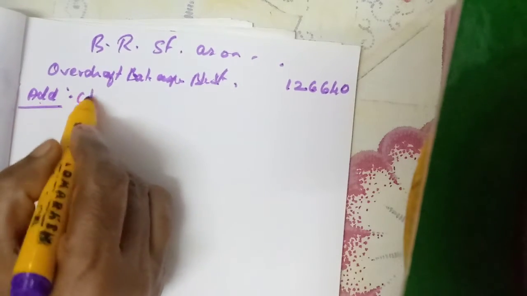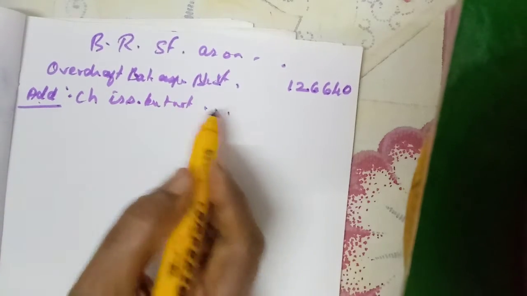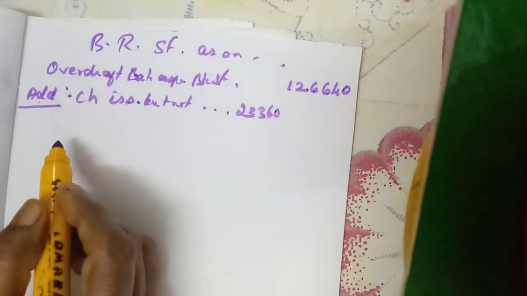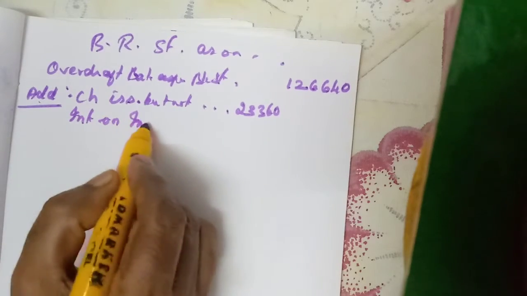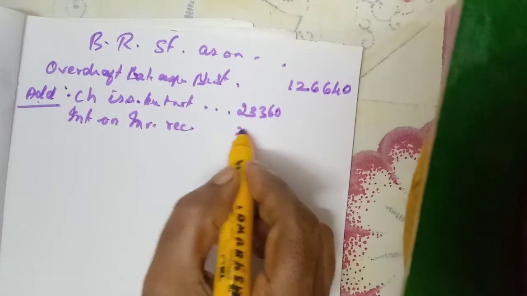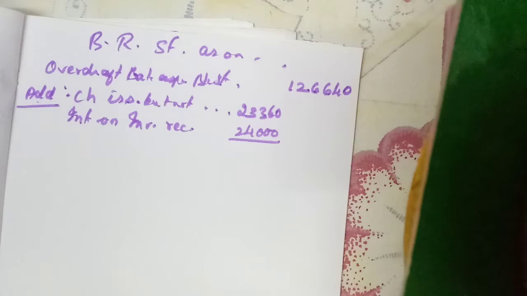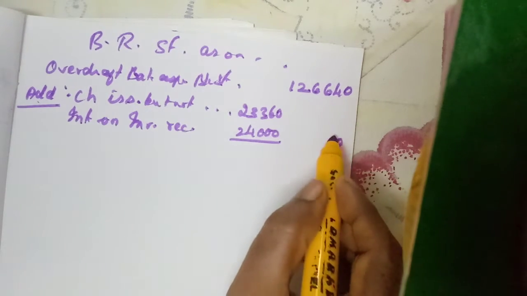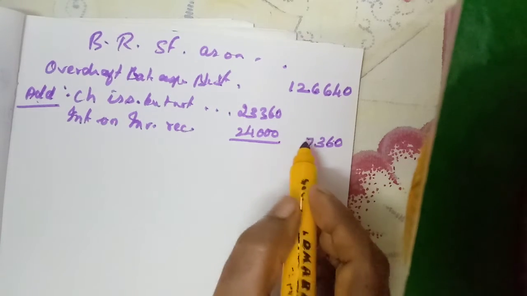Check issued but not presented for payment 23,360. Then interest on investment received 24,000. Only two items should be added. Total 1,74,000.